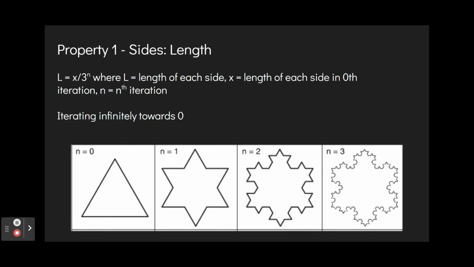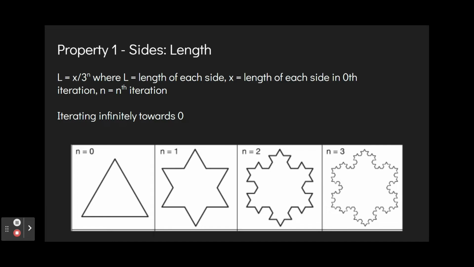Next up, finding the length of each side. The formula for this is L equals x times 3 to the power of negative n, or x divided by 3 to the power of n, where L is the length of each side, x is the length of each side of the 0th iteration, and n is the number of iterations. This goes back to the pattern of the Koch line, where each line, or side in this case, is divided into 3 equal parts, and an equilateral triangle is drawn using the middle segment as a base.